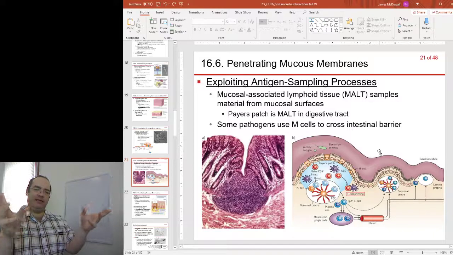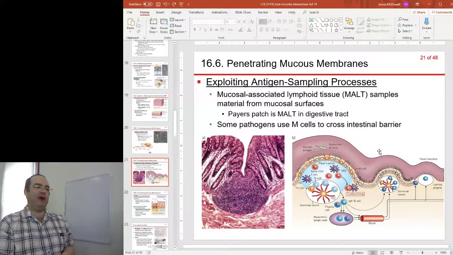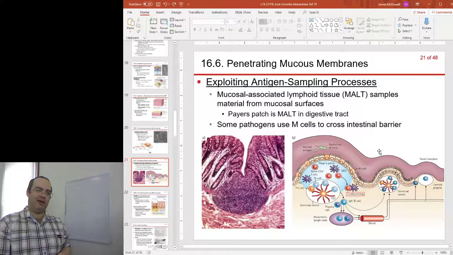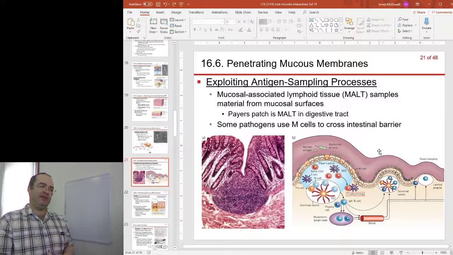The pieces are then processed by things like dendritic cells and maybe presented to all the various cells of the immune response, T cells and B cells, in lymph nodes, for example.